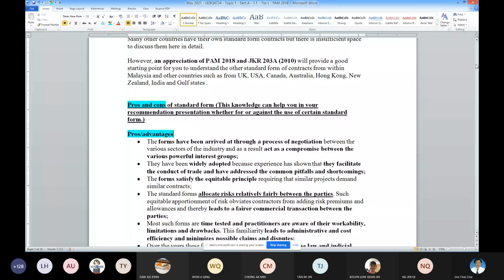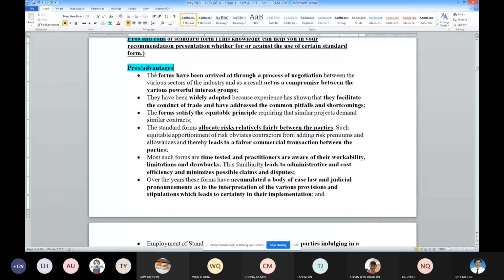So the standard form has arrived after a series of negotiations among the industry players. Okay, so the terms and conditions, everybody is familiar with, and also it acts as a compromise between the various powerful interest parties.